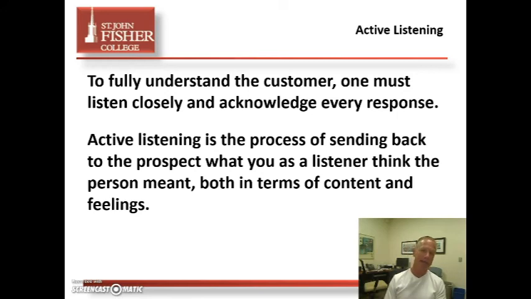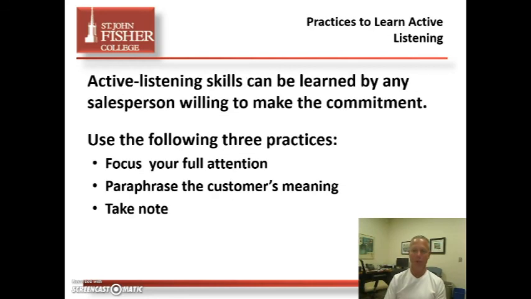Make eye contact but not staring them down, and again, act like you're talking to your best friend who's got a problem. How would you listen to that person? You're doing the same thing, because the prospect, as you're establishing the relationship, is telling you about a problem that they have.